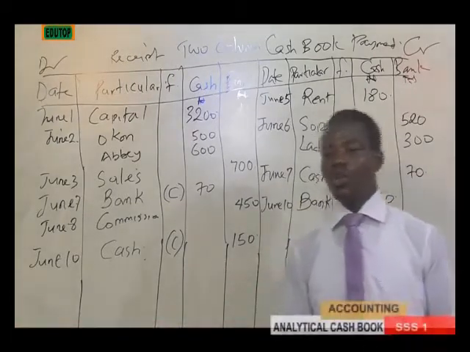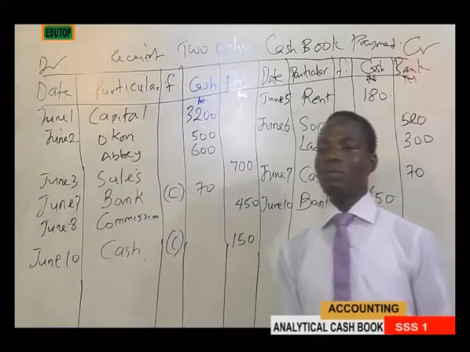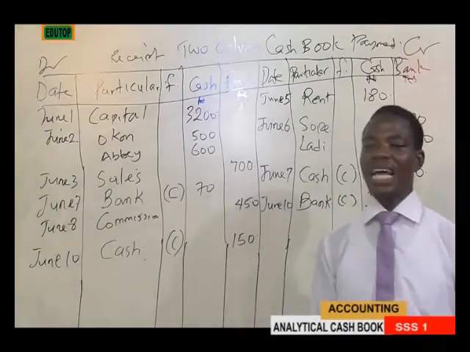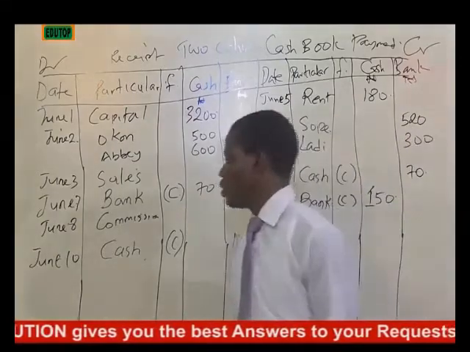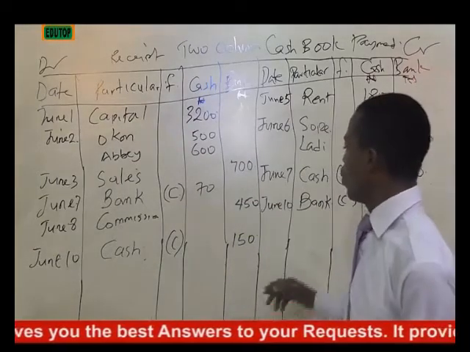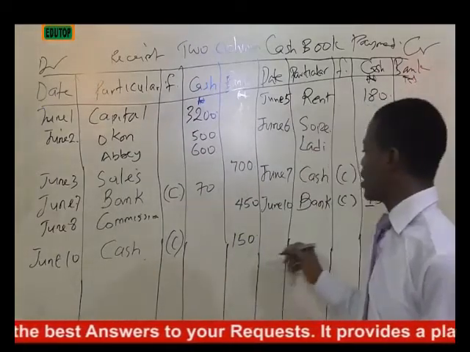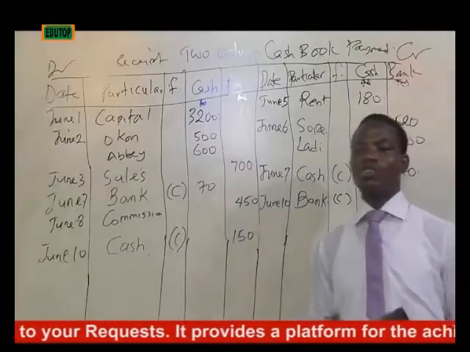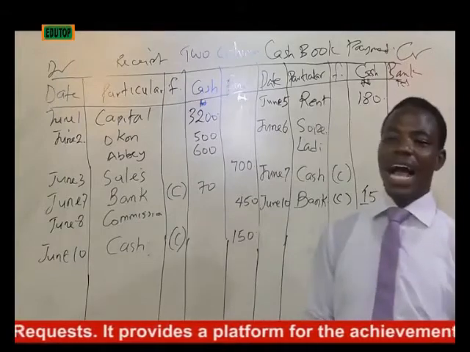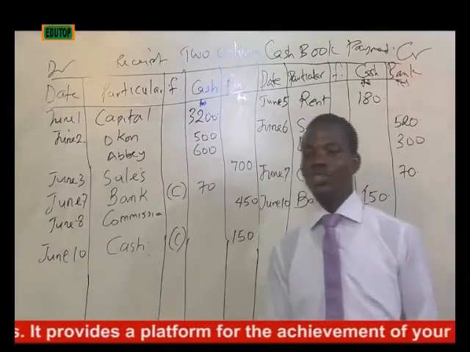Now here we have June 12, withdraw cash from the bank for personal use. That means you receive money from the bank. So what we do is write June 12, withdraw cash from the bank for personal use.